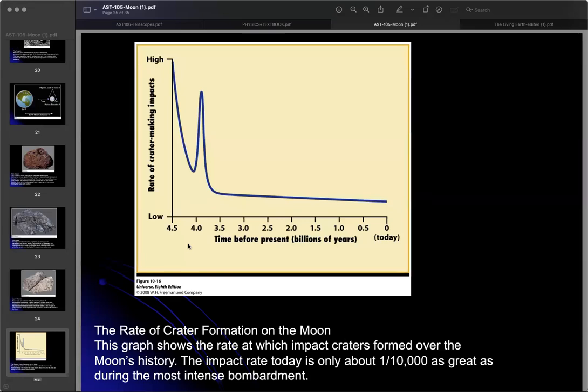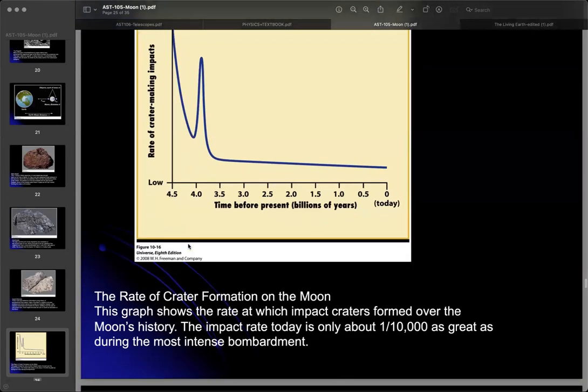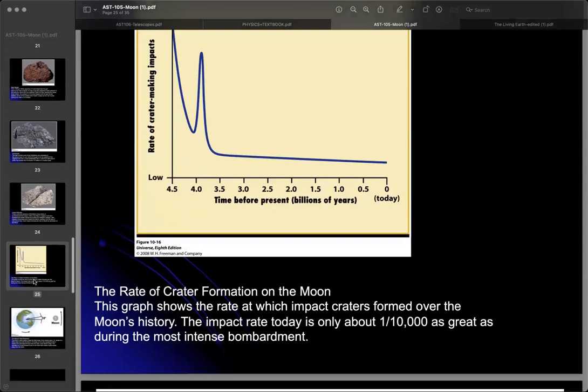Then it dropped, and then it rose again around 4 billion years ago. And since then, the rate of asteroid hits is getting smaller and smaller. And currently, the rate is 1/10,000th as great as the most intense bombardment.